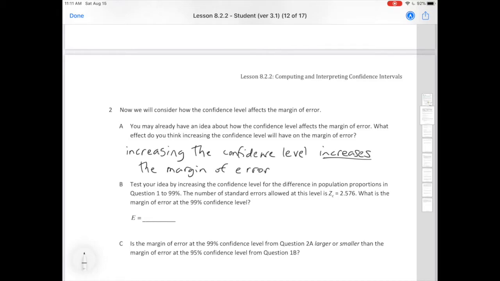So there's a trade-off, right? This is why we can't get too confident, because the more and more confident we get, the less precise we're going to know where our answer sits, right? Because we're talking about a wider and wider thing, okay?